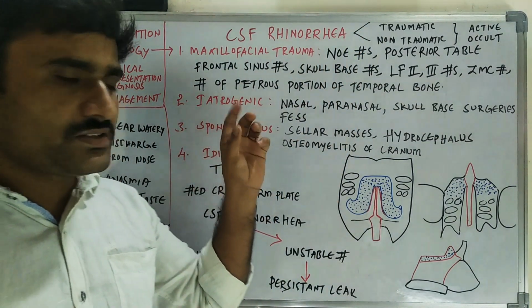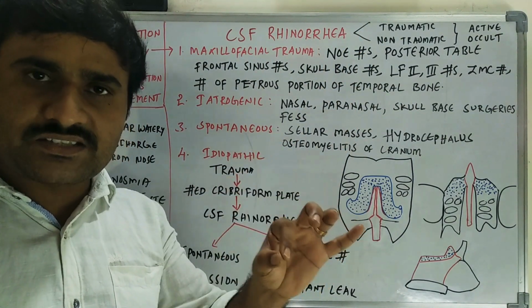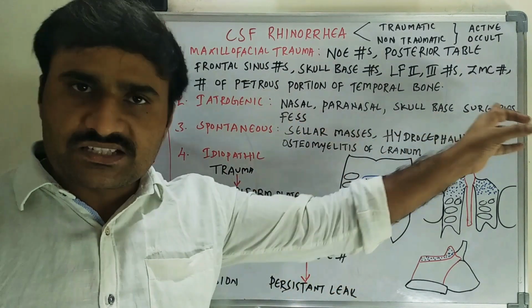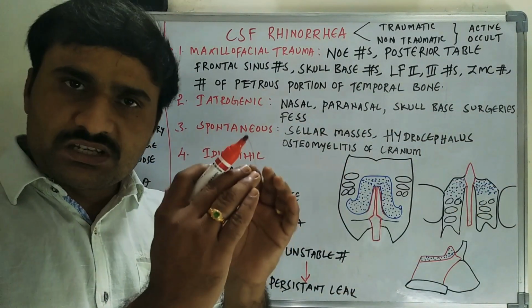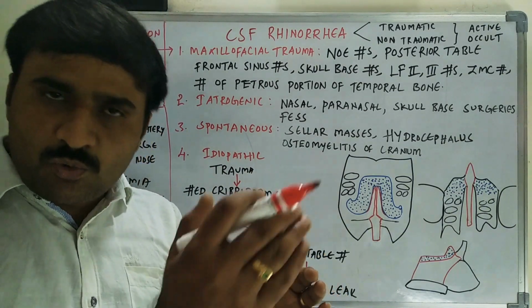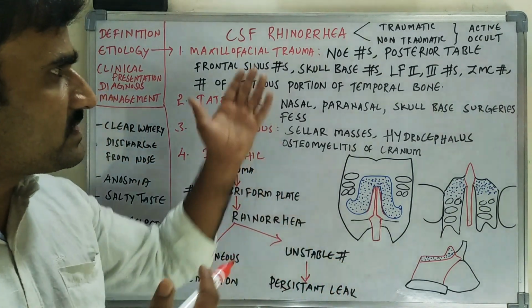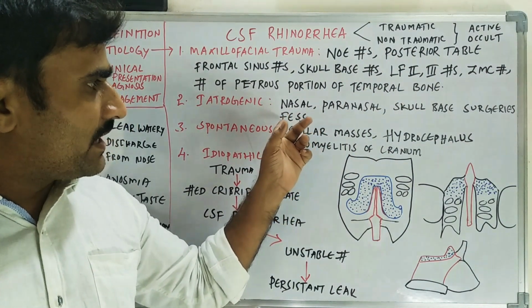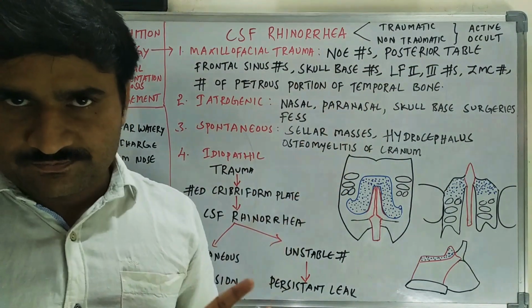Then the second cause is iatrogenic, that is sinus or paranasal sinus surgeries and also skull base surgeries. Removal of any tumors involving the skull base may lead to CSF rhinorrhea, and also FESS, that is functional endoscopic sinus surgery.